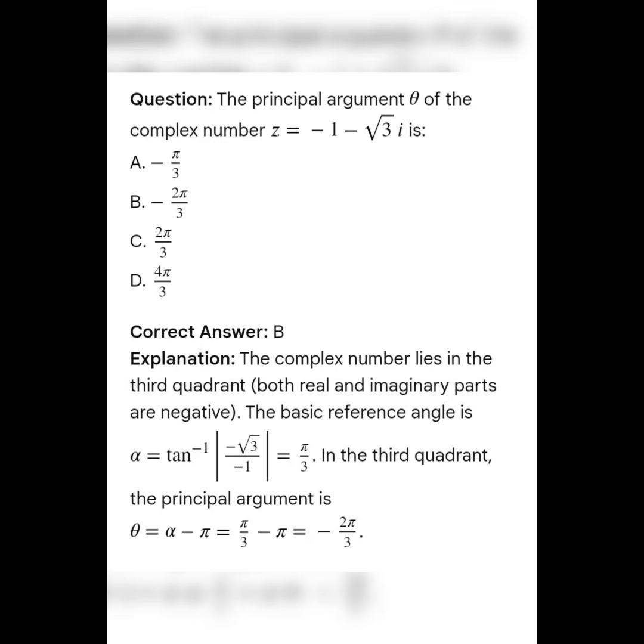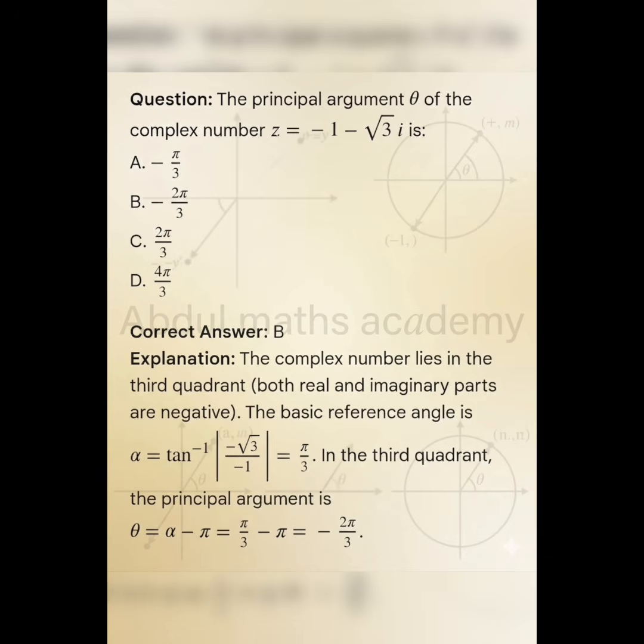As minus 1 minus iota root 3 lies in the third quadrant, the angle is alpha minus pi. In the third quadrant, the angle can also be written as pi plus theta, or alpha minus pi, which is equal to pi by 3 minus pi, which is equal to minus 2 pi divided by 3. So the angle lies in the third quadrant and is equal to minus 2 pi divided by 3.